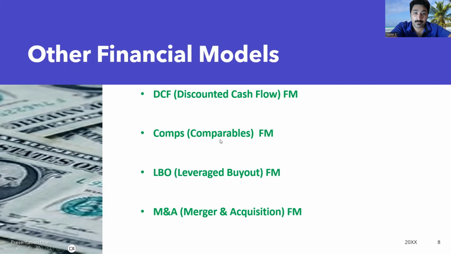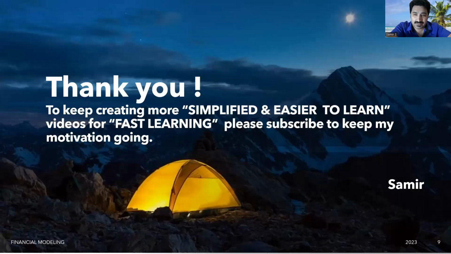The next one is the comparable financial model, also called comps. Another one is the leveraged buyout financial model, called the LBO financial model. And also we have the M&A financial model, which is the mergers and acquisitions financial model. So these are all different financial models that are used based on the requirement, right? So this is a basic summarized capsule in a simplified way about financial models.